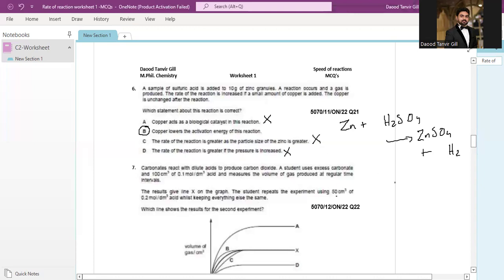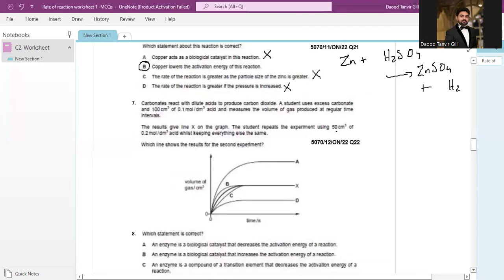Okay. Question number 7. In question number 7, students, the question is asking about the correct curve for the second experiment.